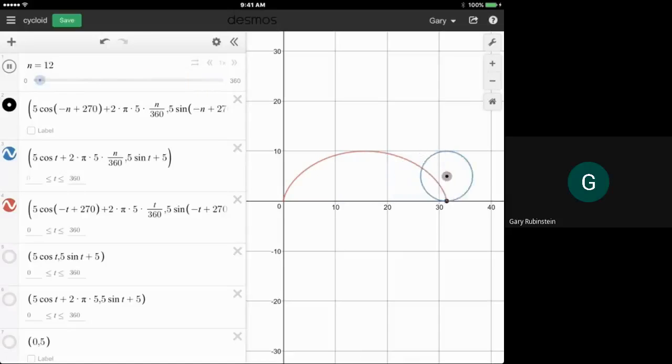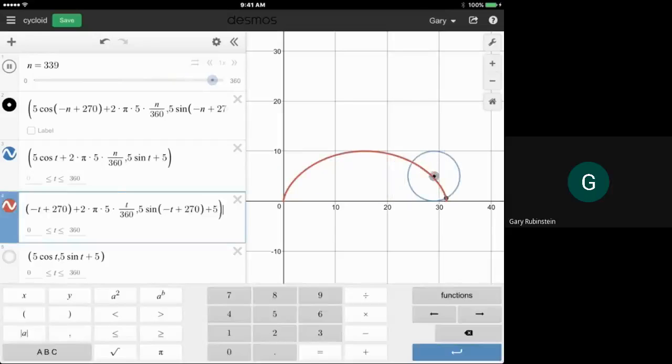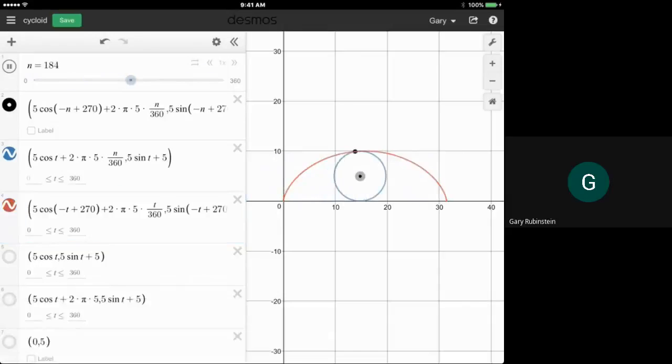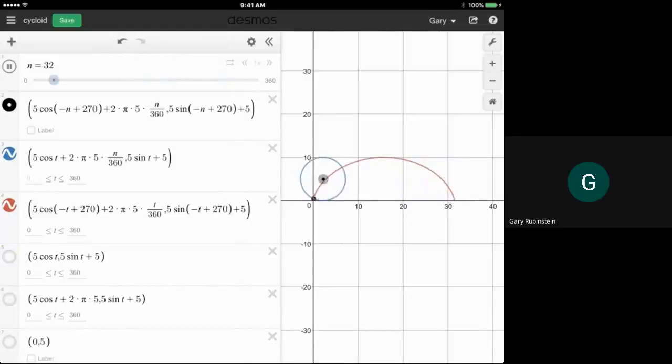But if you look at the red thing, it says 5 cosine negative t plus 270 plus 2 pi times 5 times t over 360, comma, 5 sine negative t plus 270. Even better. So you can see the entire equation, and that is the equation of the cycloid.